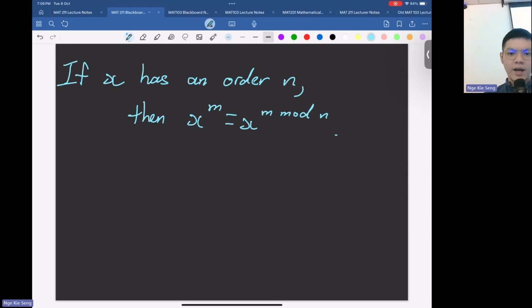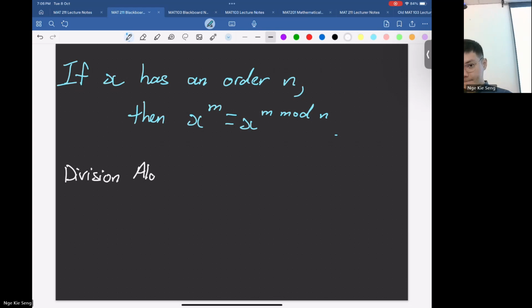Really, we need to introduce the division algorithm. Do you still remember what the division algorithm is? This is primary school stuff, right? So before I translate for you, what's this statement here?